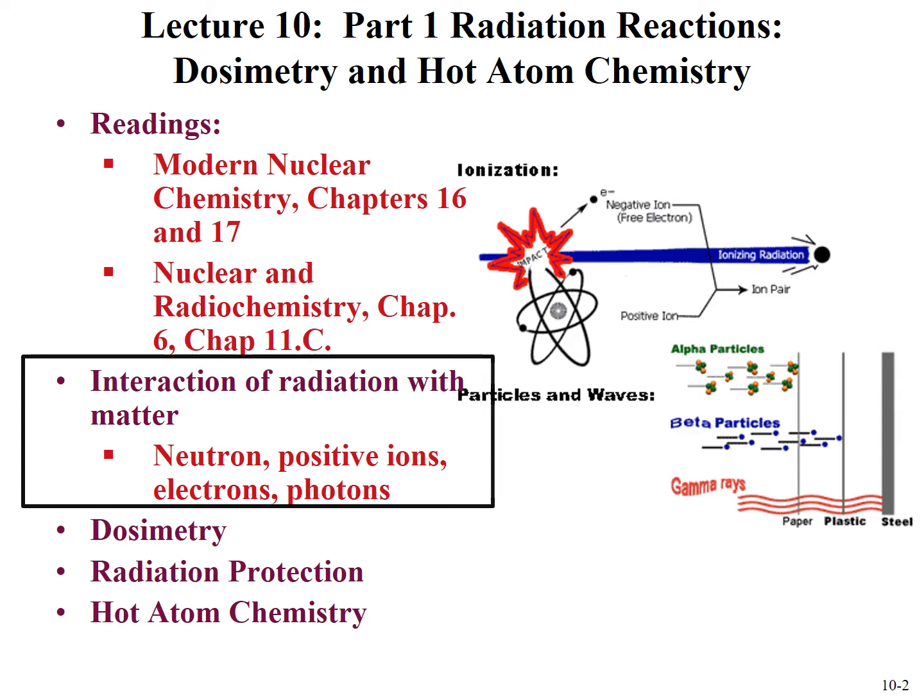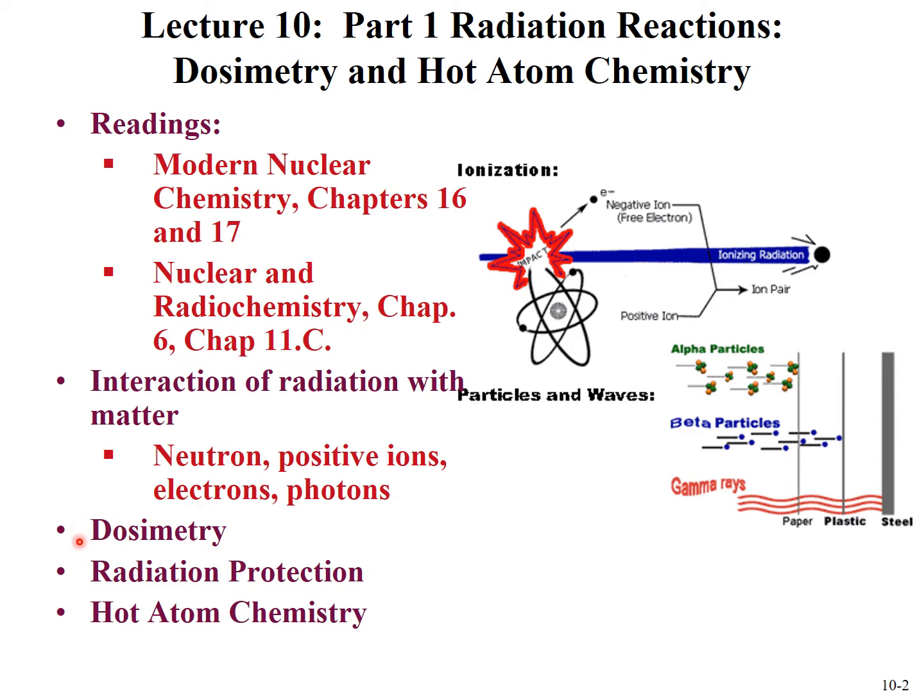Part 2, we will discuss dosimetry, which is quantifying those interactions and how it relates to radiation protection. And then we'll end Lecture 10 with hot atom chemistry. And hot atom chemistry is utilizing the nuclear reaction as the first step in a chemical process.